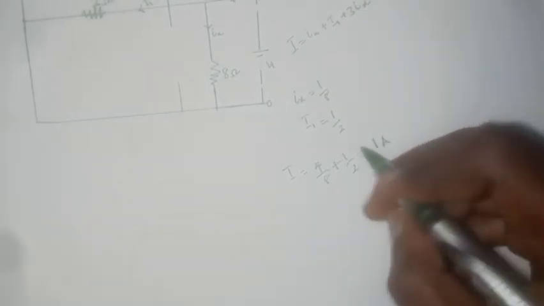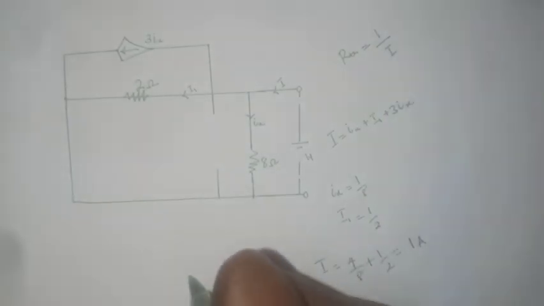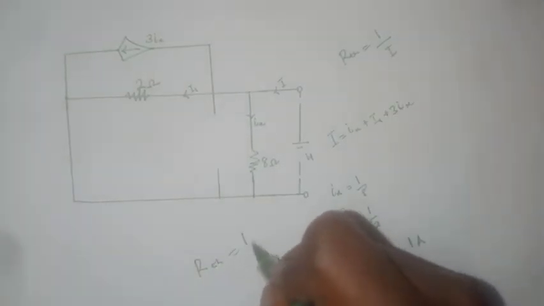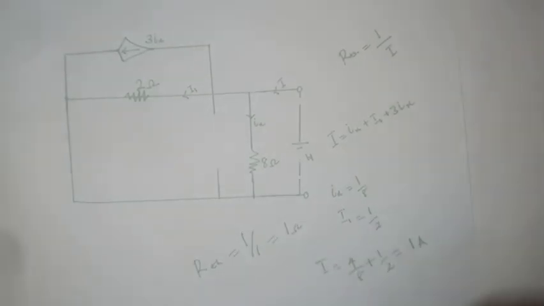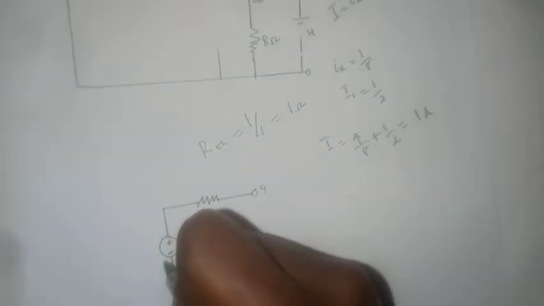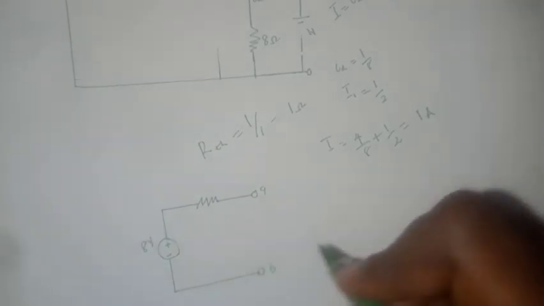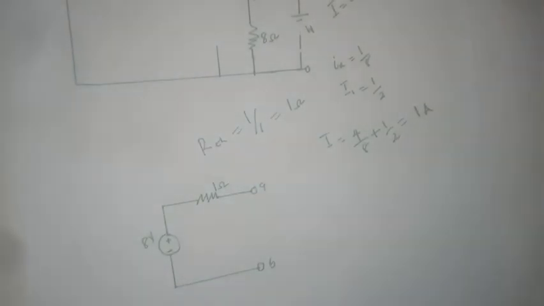So current I is 1 ampere, then RTH would be equal to 1 over 1, which is 1 ohm. Then the Thevenin equivalent circuit will look like this: we have 8 volts here, and then we have 1 ohm here, and this is the Thevenin equivalent circuit.